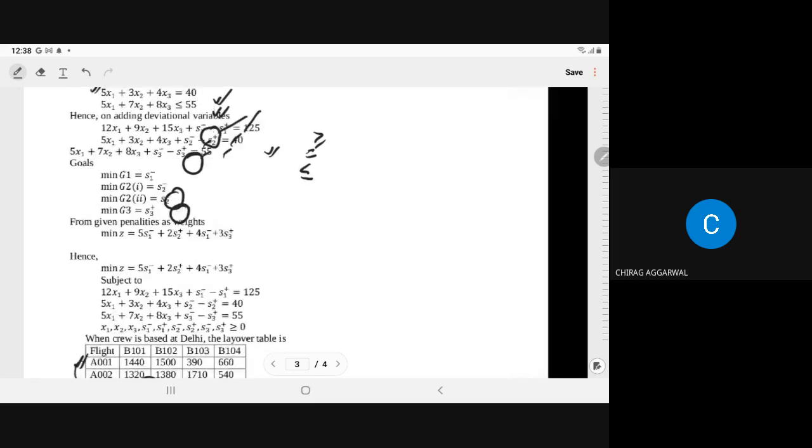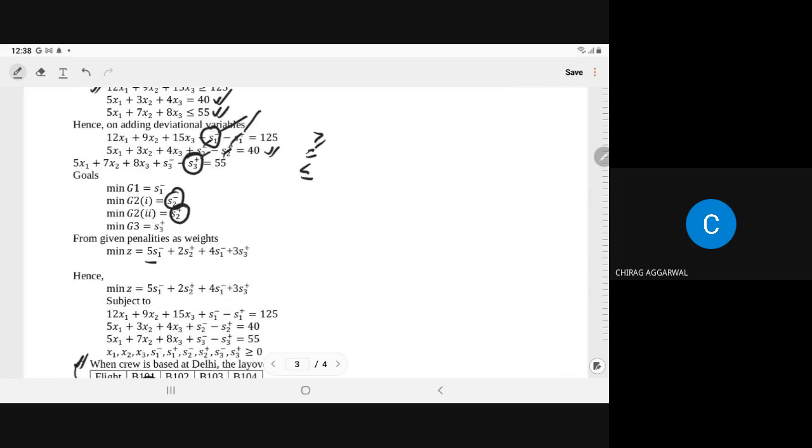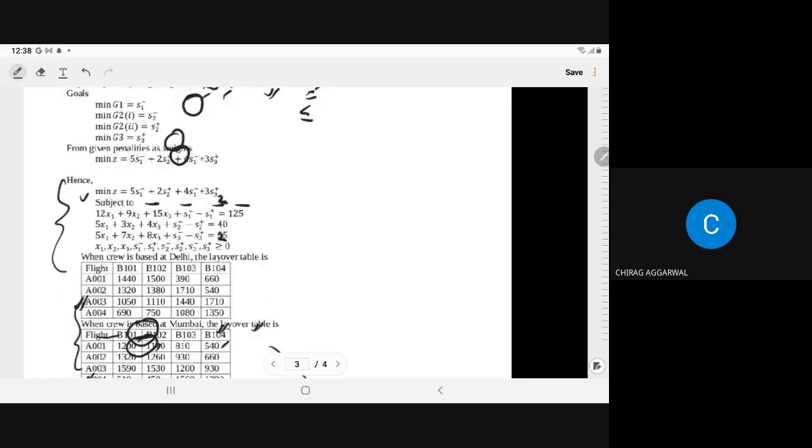Weights are given to you: 5, 2, 4, and 3. So the total problem will become: minimize z is equal to 5s1 minus plus 2s2 plus 4s2 minus plus 3s3 plus, subject to the following constraints. So this we have to solve.